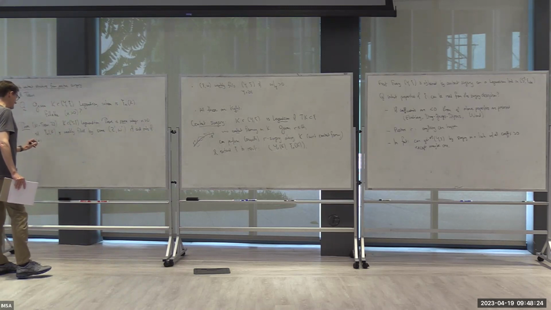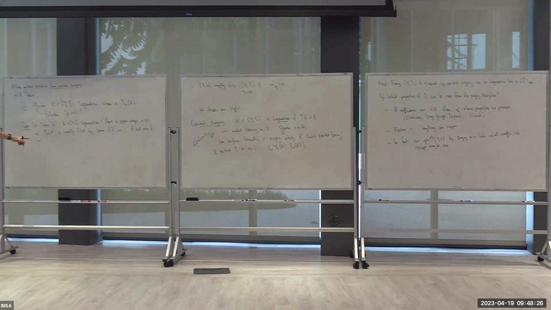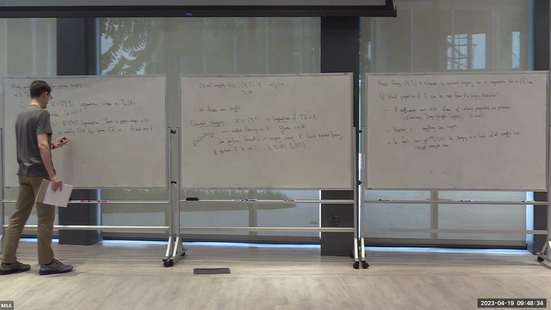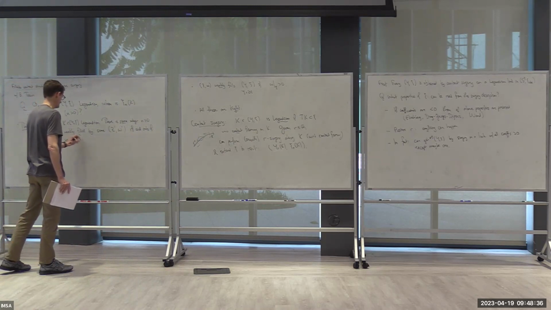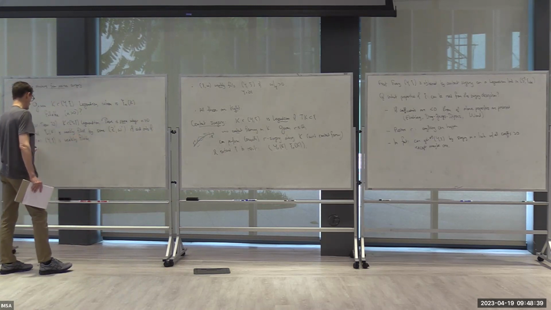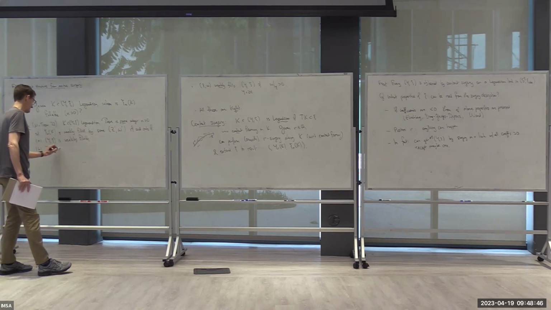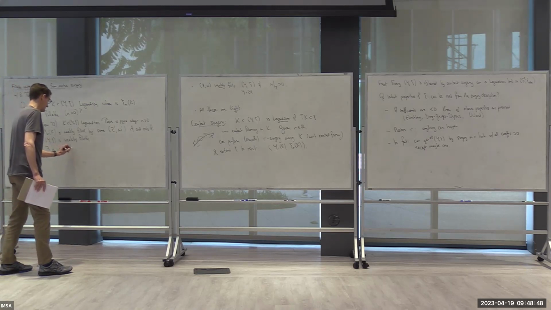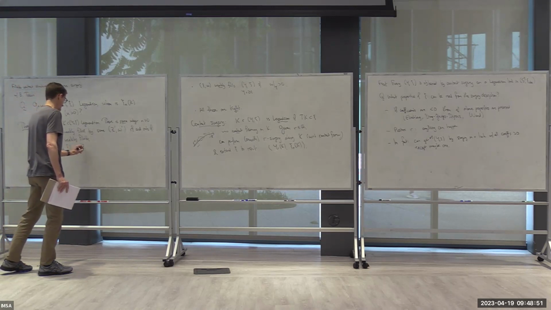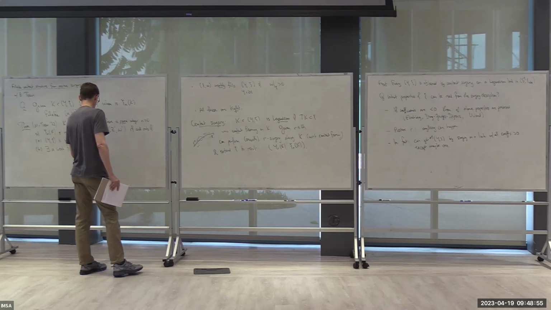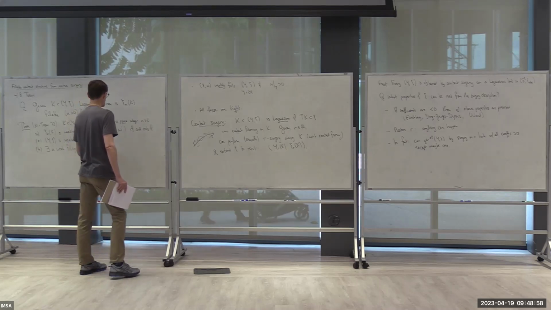So first of all, this can only happen if the starting contact manifold is fillable. So let's see, Y is fillable, and there's some filling of Y containing an embedded symplectic disk.